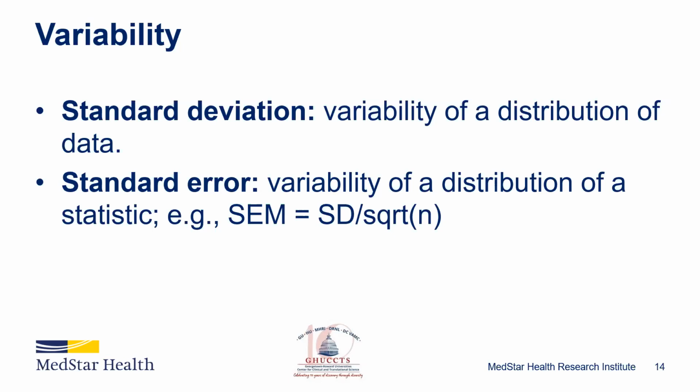And so, for example, the standard error of the mean is just the standard deviation divided by the square root of the sample size. So it's important to know the difference between the two, but primarily just remember that when we talk about a sampling distribution, or when we talk about the standard error, we're talking about a distribution of statistics.